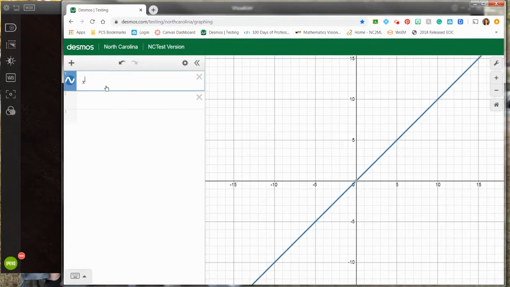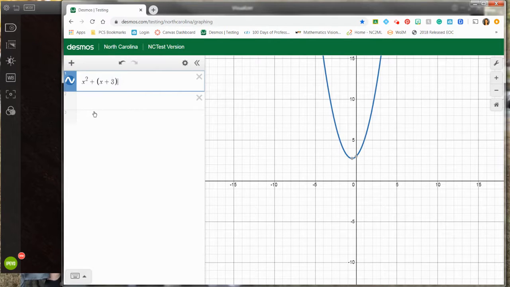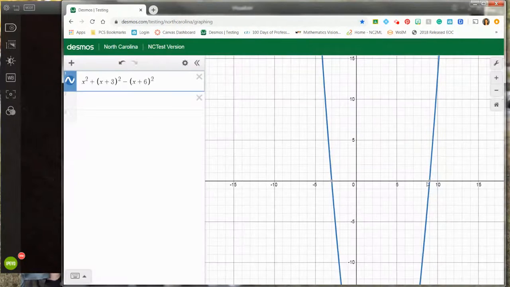So I'll have x squared plus x plus 3 squared minus x plus 6 squared. And I've got 9 and -3. So my short leg gives us 9.